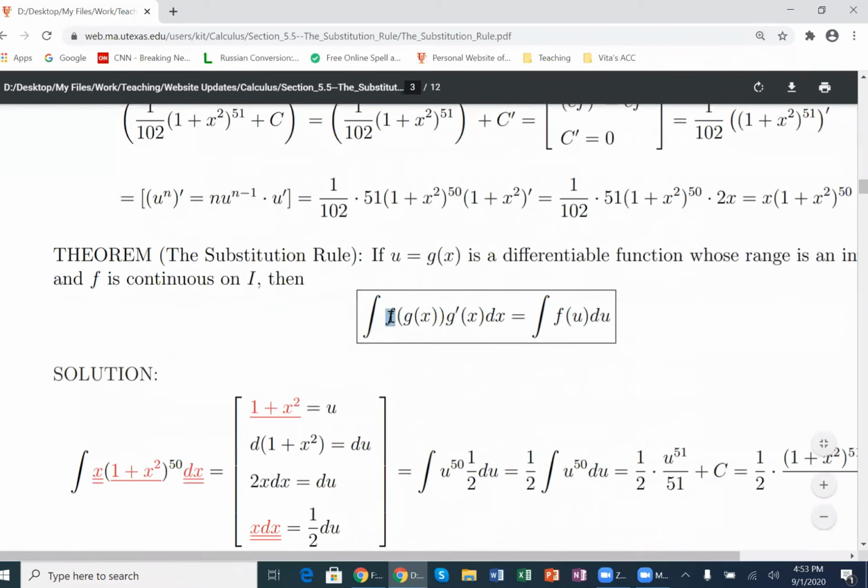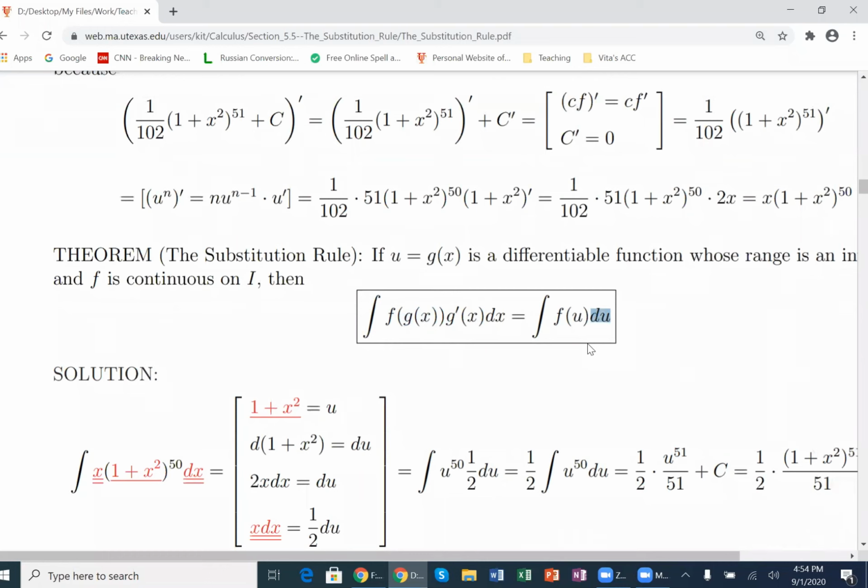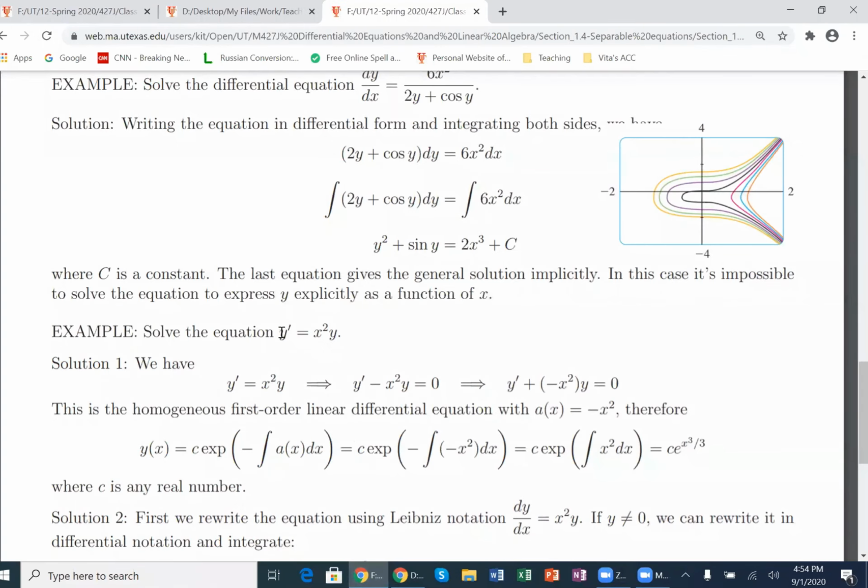If we have the integral of f of g of x times g prime of x dx, it is the same as the integral of f of u du, correct? Now, in our case, remember what we have on the left. We have the integral of y to the -1st power times y prime dx.